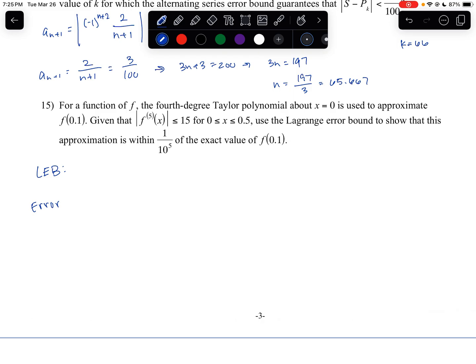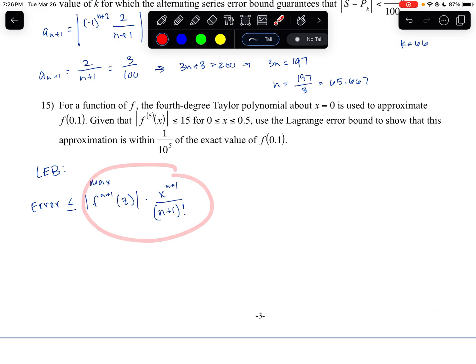But the error has to be less than or equal to the max value of the absolute value of my n plus 1 derivative at some value of z times x to the n plus 1 over n plus 1 factorial, because we're using a Taylor polynomial. So this right here is what we're looking to use. We're looking to find out what the error bound is.